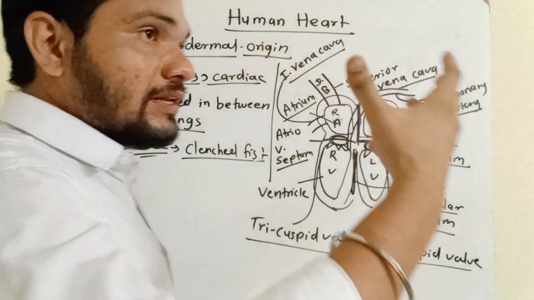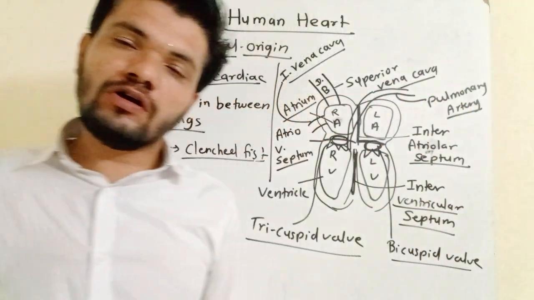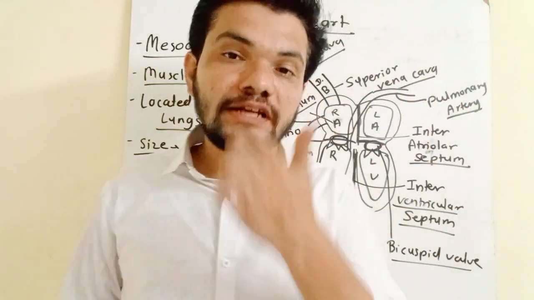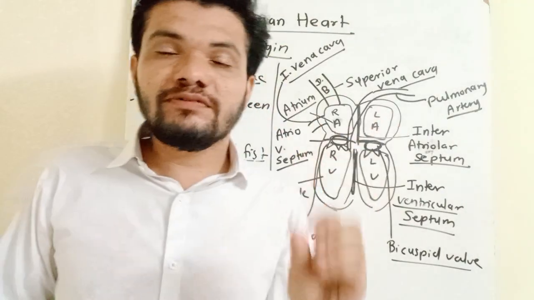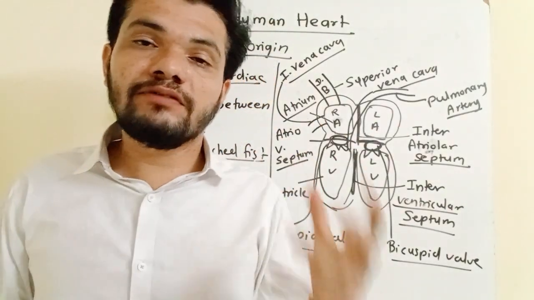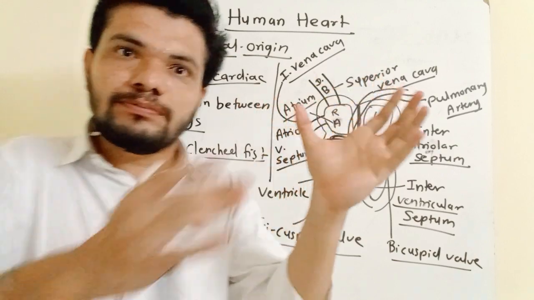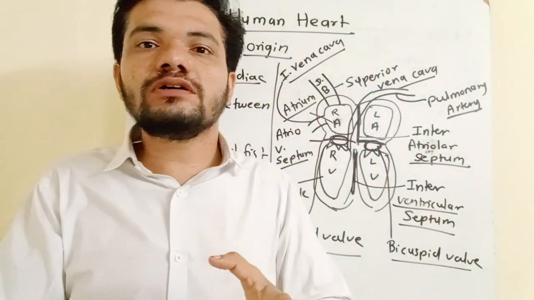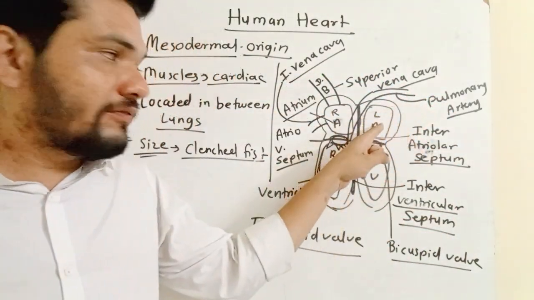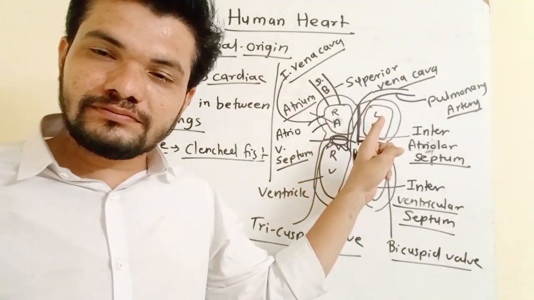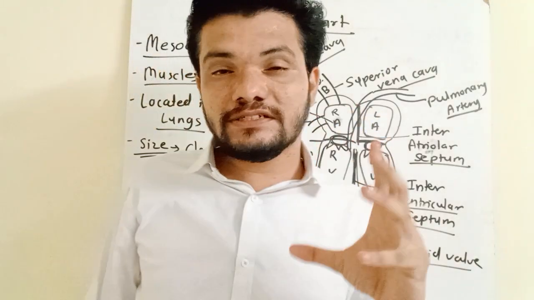Then the lungs will help this deoxygenated blood turn into oxygenated blood. Oxygen will diffuse from the lungs into the blood, and the blood will turn oxygenated, and this blood will again come back to the heart, into the left atrium. And who will bring the oxygenated blood?